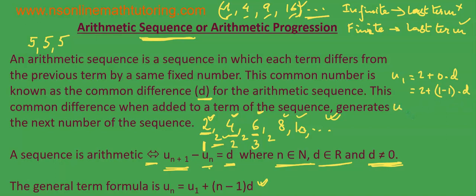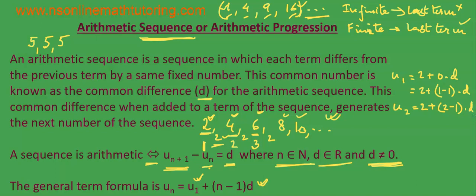What is the value of u2? u2 is equal to 4. So we start from u1. We always start from u1 because the formula is saying that we always start from u1. So we are just verifying whether the formula is correct. So the first term plus, it is 2 plus 2, and 2 is the common difference. So I can write this as 2 plus (2 minus 1) times d.